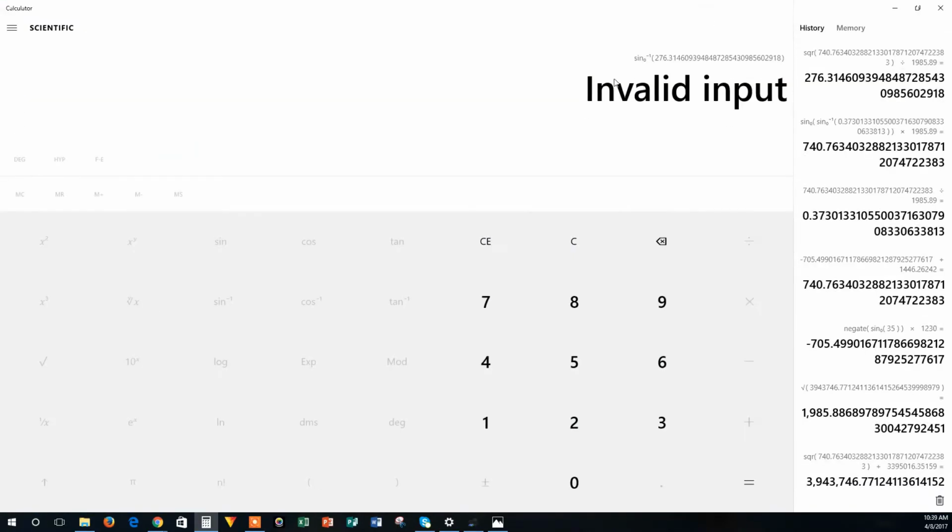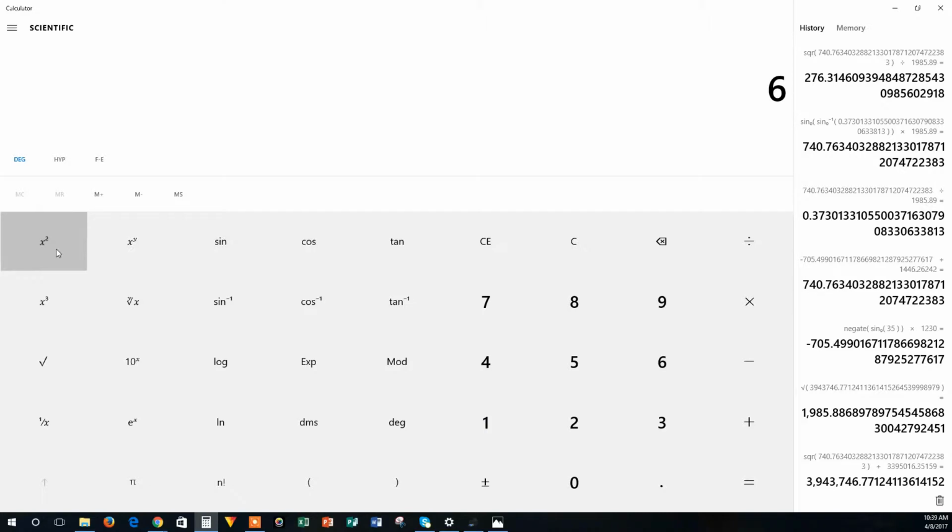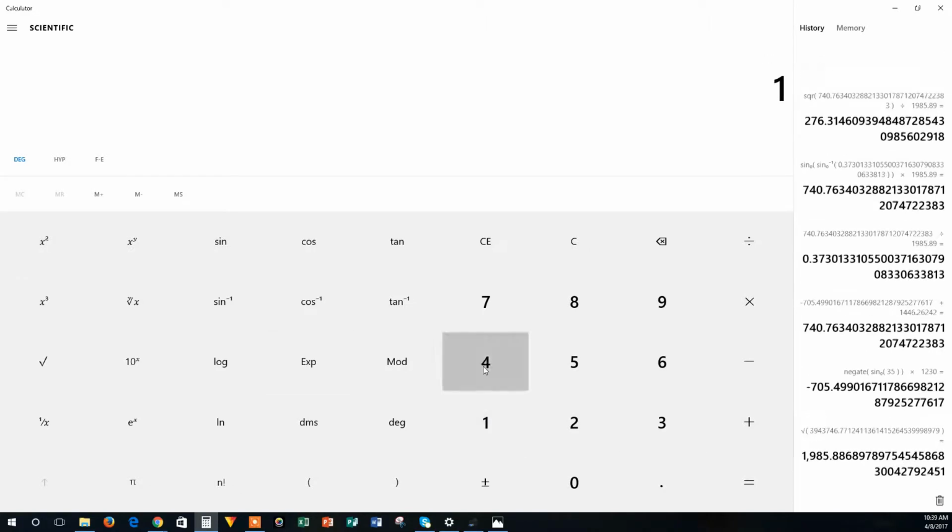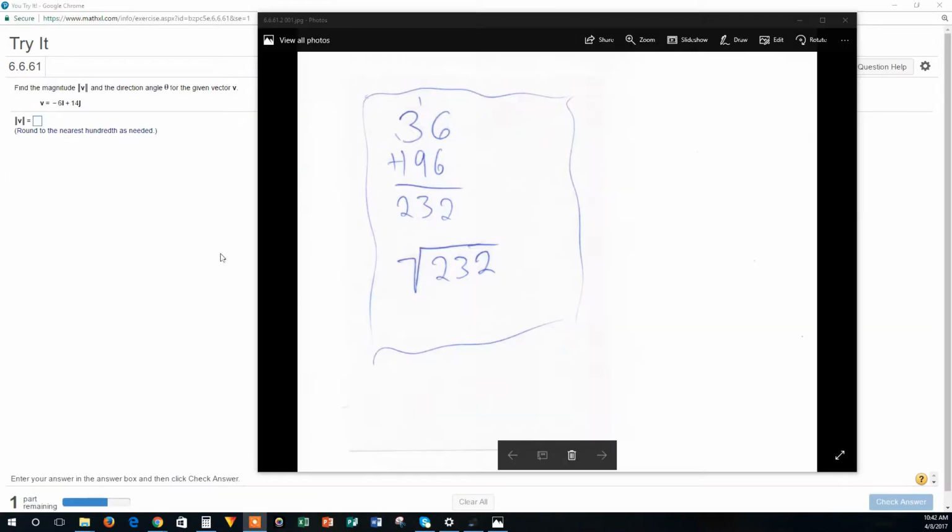We put in 6 squared to get 36, and 14 squared to get 196. So we take 36 plus 196, we get 232. We're now looking for the square root of 232. In the past they would have either wanted that as the answer or wanted you to factor out any perfect squares, but it's pretty simple here.